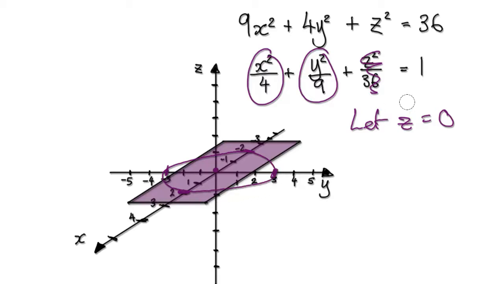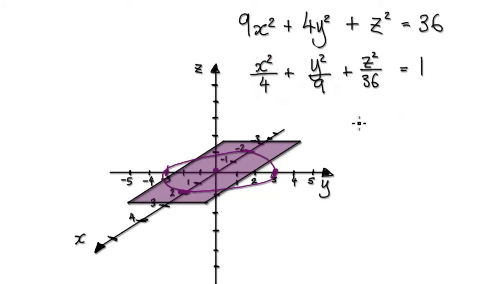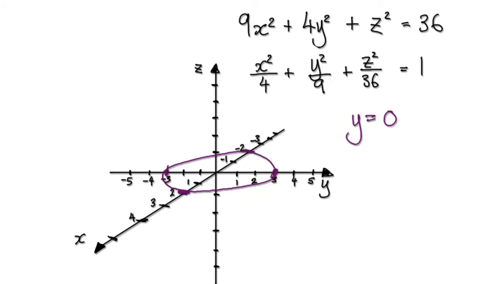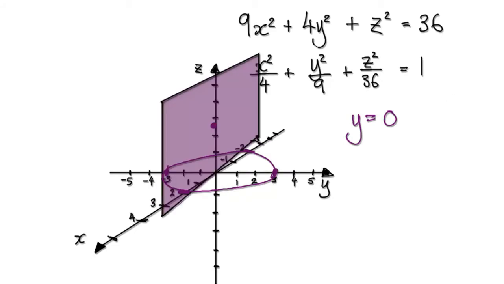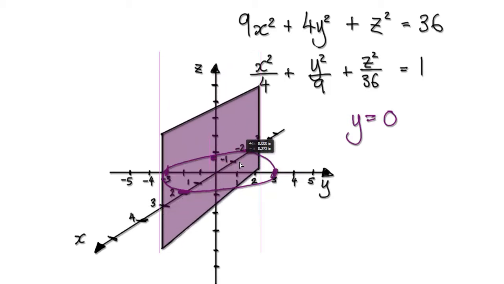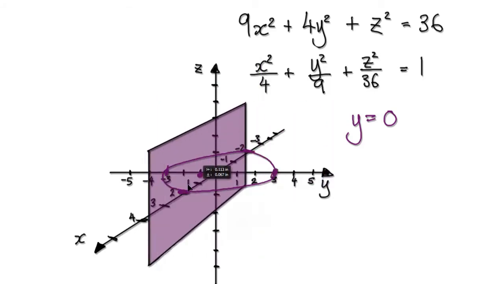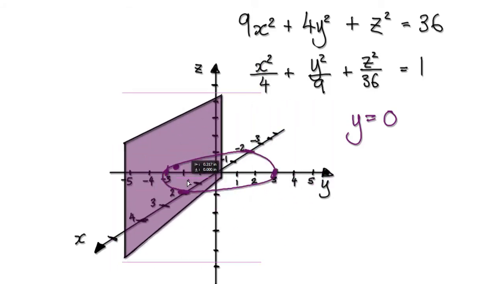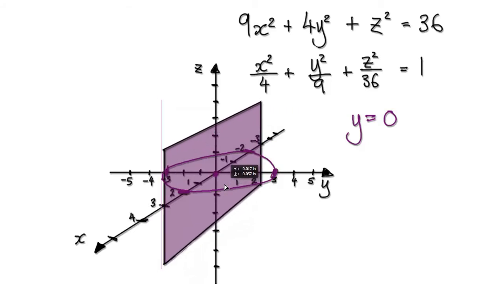And then the next step is to let y equal 0. When you let y equal 0, you're really looking at a vertical sheet of paper being placed at y equals 0, where y moves in this direction.